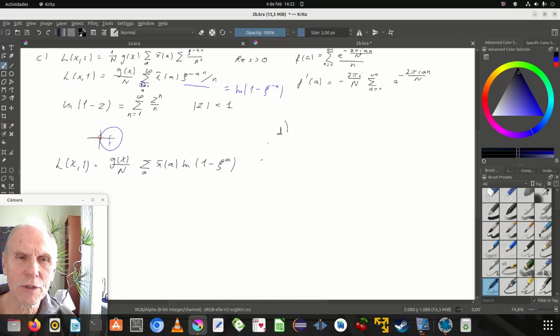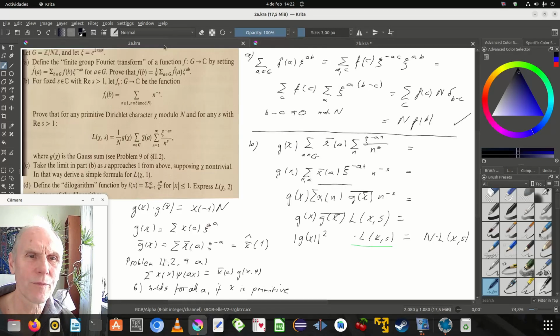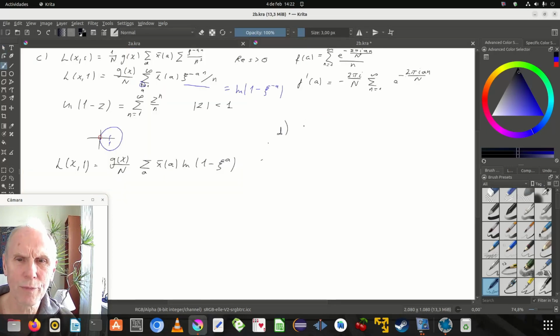And now let's go to D. Where we have n squared. You can't see it. We have n squared here. Set s equal to 2.